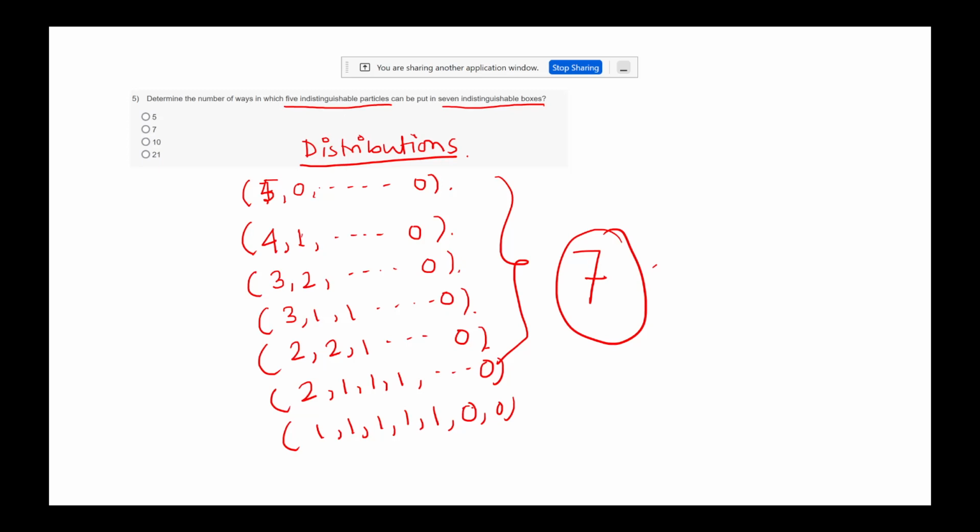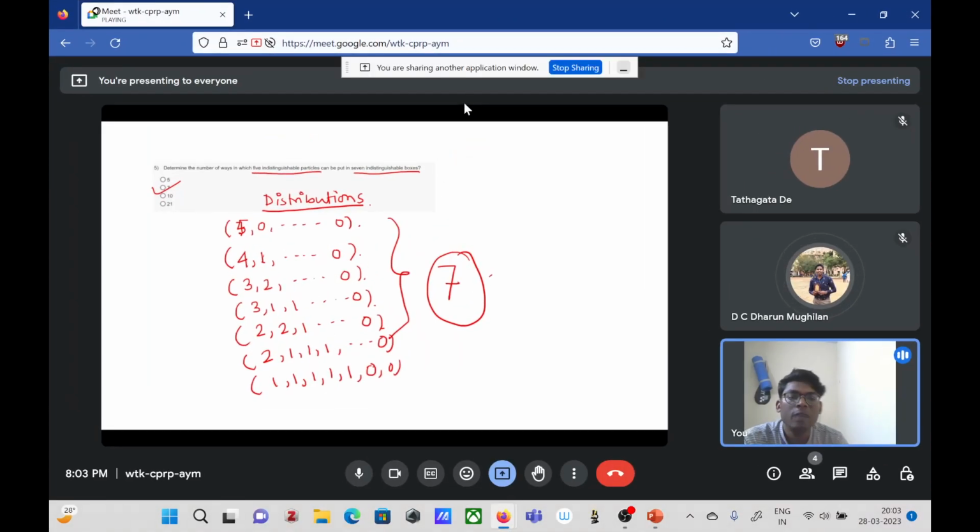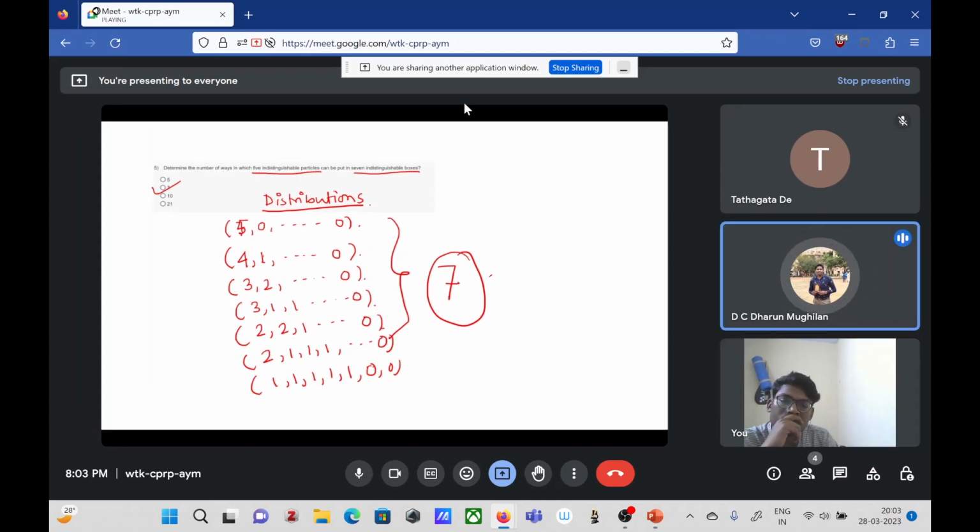In that class also, if I remember correctly, there was a similar problem and you calculated that 2 boxes will always be empty. So choosing 2 is not true, because here the number of empty boxes is also changing. Yes, it can be more than 2 also. So the answer is 7. Is it clear, Mugilan? Yes, sir.